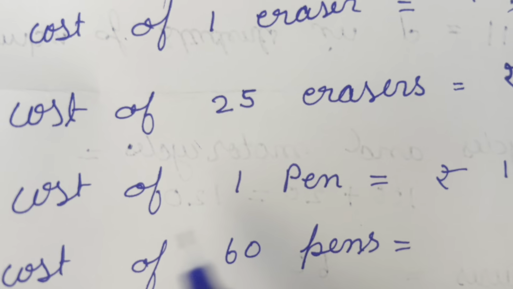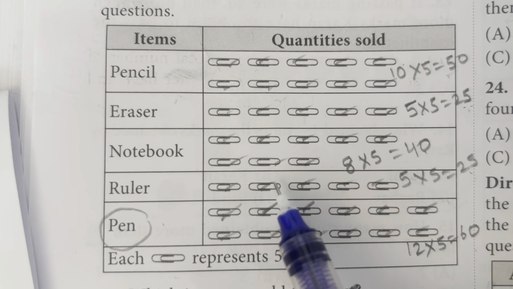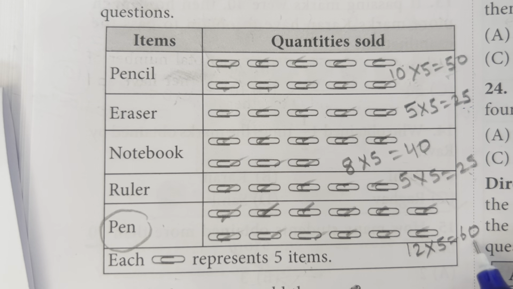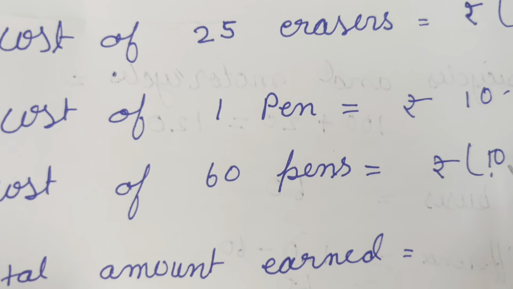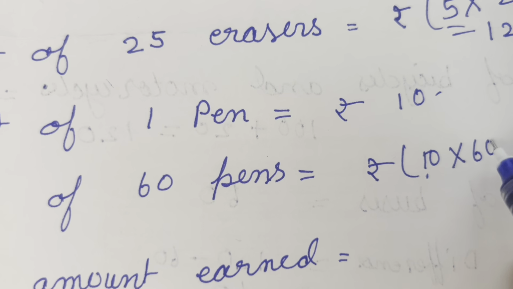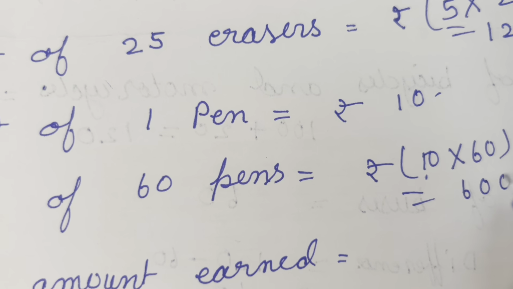The cost of one pen is given, then the cost of 60 pens, because there are 60 pens, is rupees 10 multiply 60 that is equal to rupees 600.